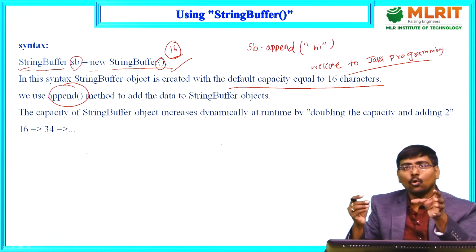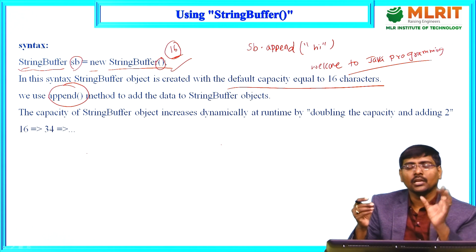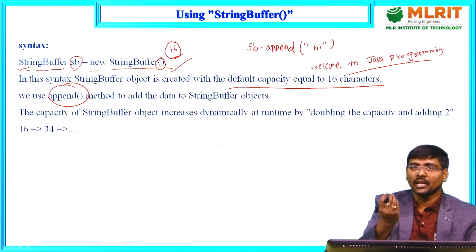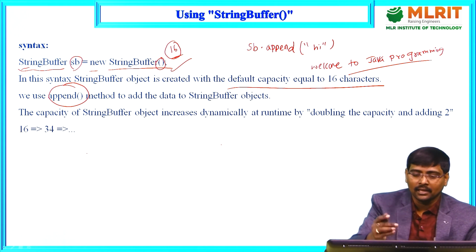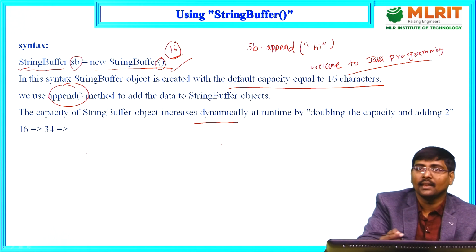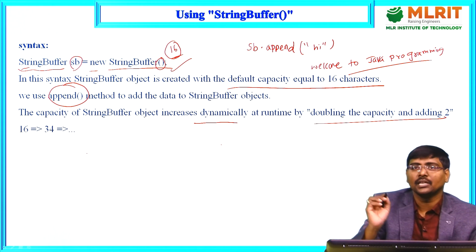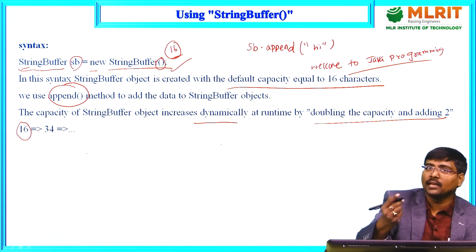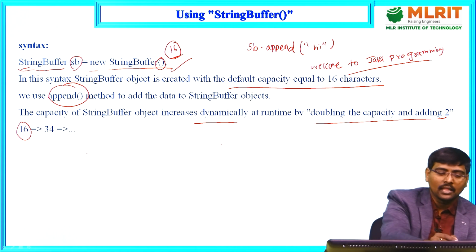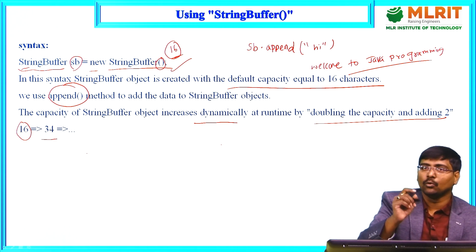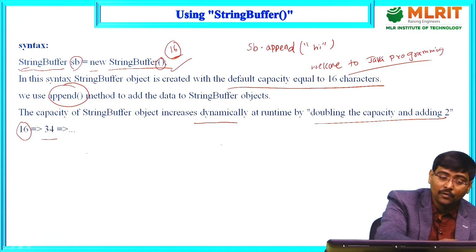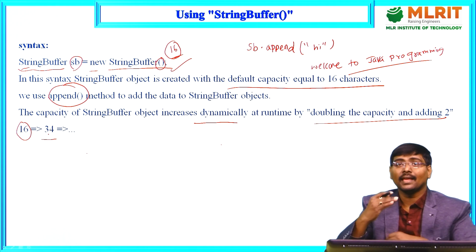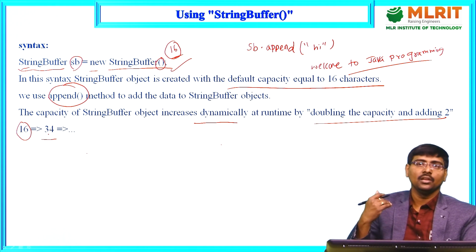If you are storing a string less than 16, it will store perfectly, no problem. Suppose your string crosses the capacity, it automatically doubles the capacity and then adds 2. That is, initially 16. Next, if your string crosses 16 length, the capacity is 16 into 2, 32, plus 2, 34. Suppose your string crosses 34, 34 into 2, 68, plus 2, 70, like this.